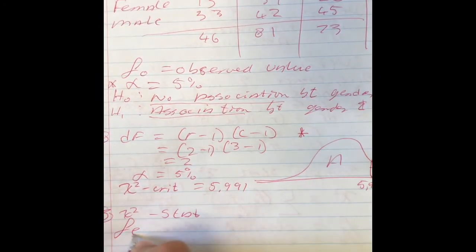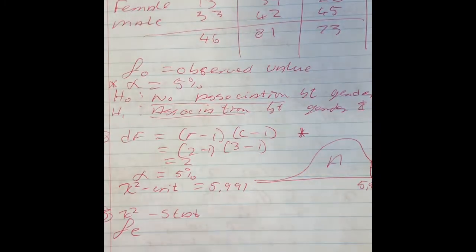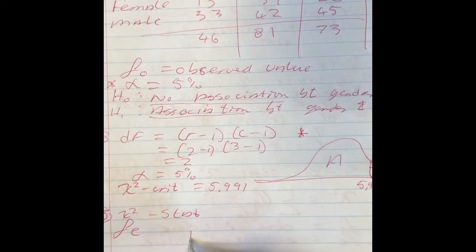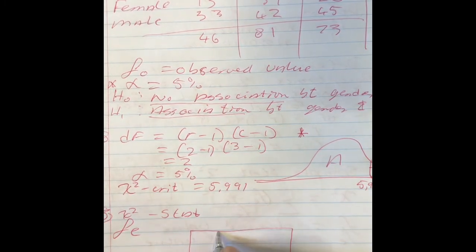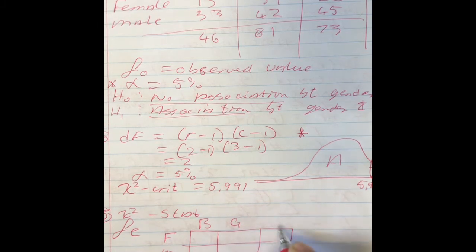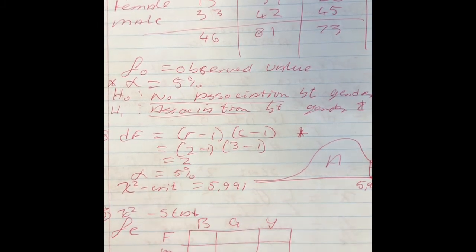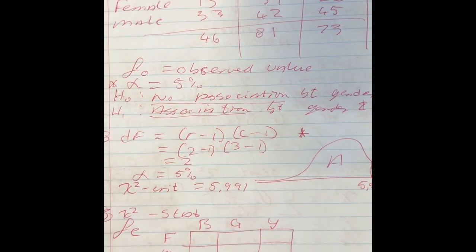That was the formula that we showed a bit earlier, but basically how we calculate our FE, so this is our FO observed, FE expected, is we take the same table where we've got female and male, and beat, growth, and youth, and now we want to say what is the perfect world scenario.